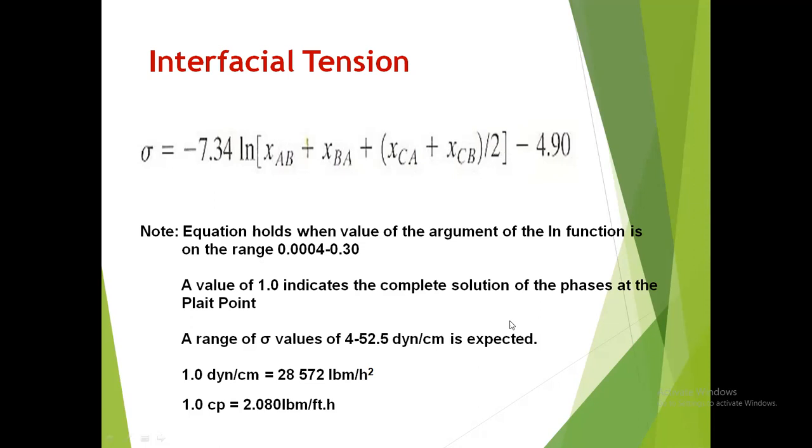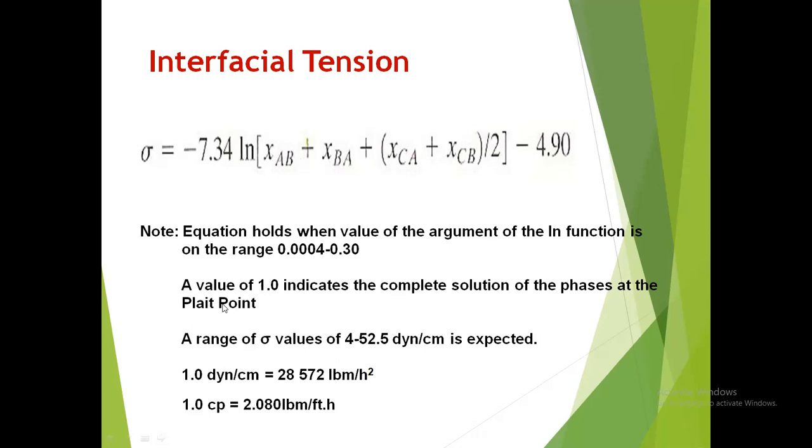So meaning there are no two separated layers formed when the argument of the Ln is 1, so the Ln is 0. If the value is 1, then we will have an interfacial tension which is negative. And that tells you specifically that your interfacial tension is not acceptable, because we don't have a negative interfacial tension.